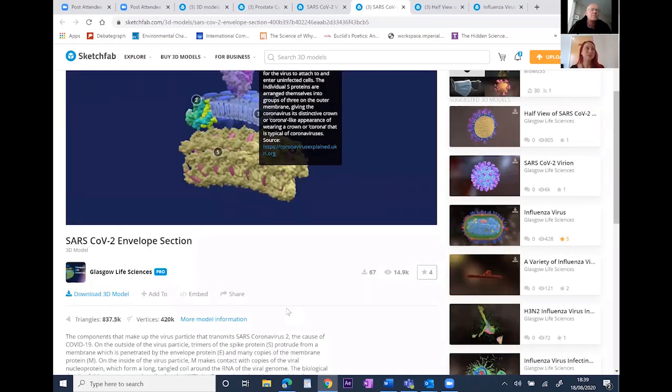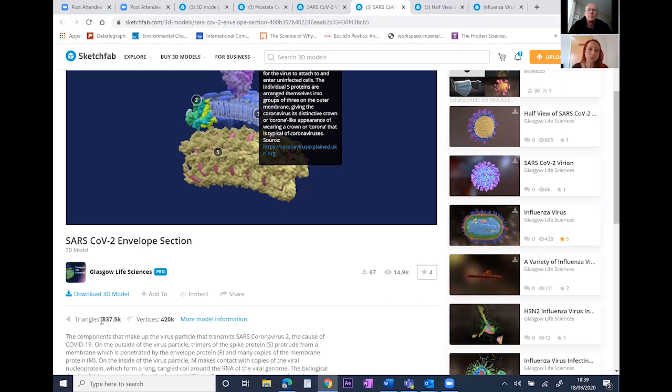There were a few technical challenges with the virus models. As mentioned, the account that Glasgow Life Sciences have with Sketchfab allows files of up to 200 megabytes. As I was trying to upload the model, there was actually quite a lot of difficulty. For some reason, it kept crashing.